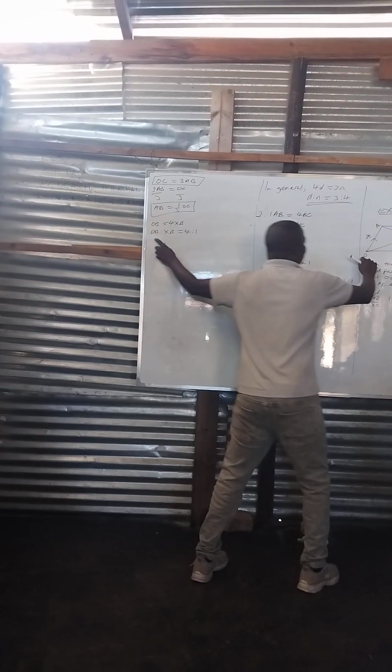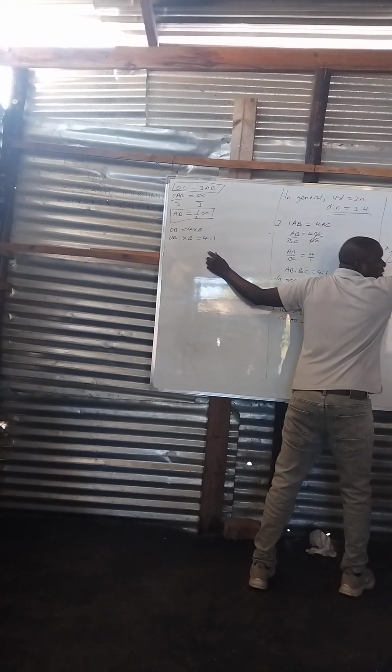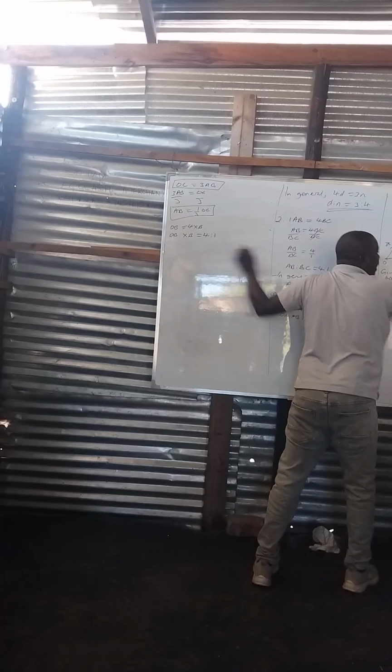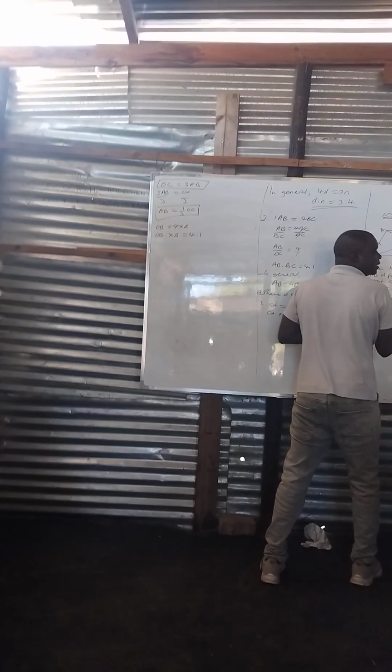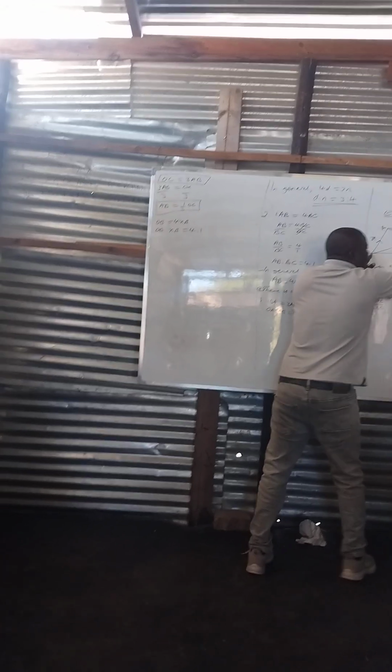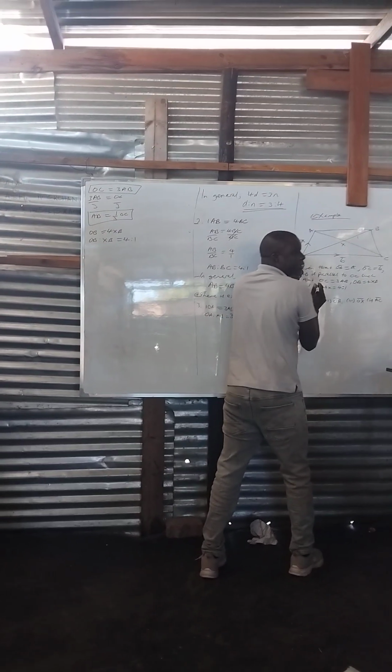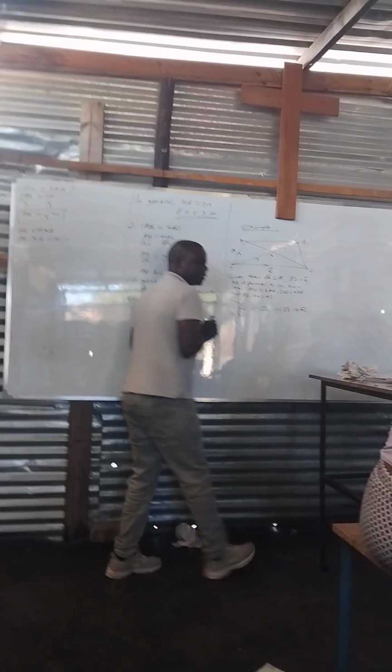From O to B there are 4 parts, and from X to B there is 1 part. So in the 4 parts, OX is in the 3 parts.